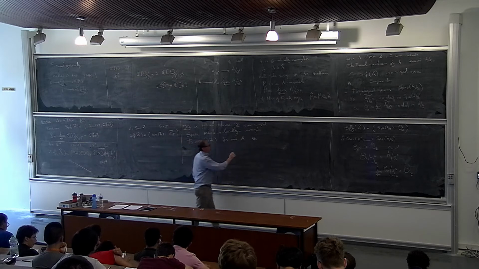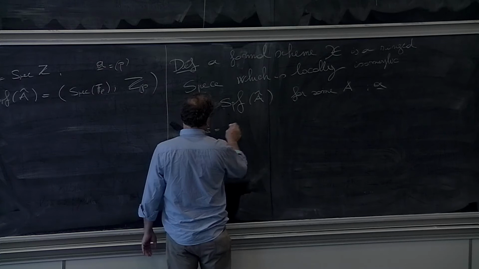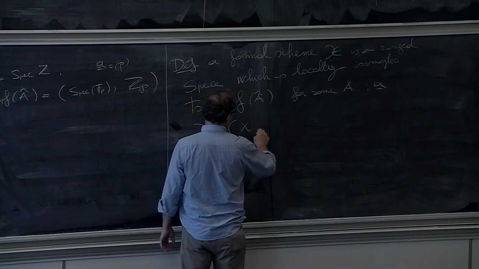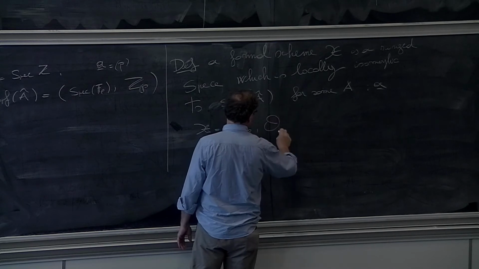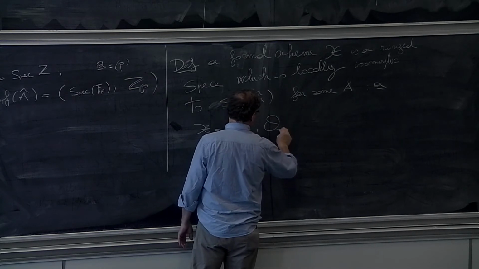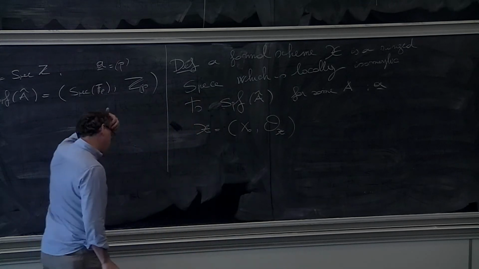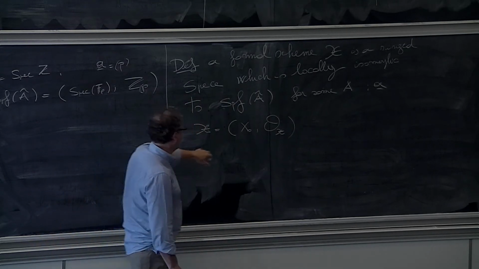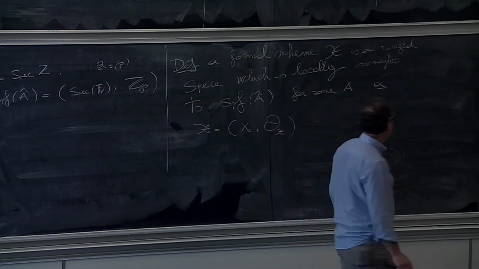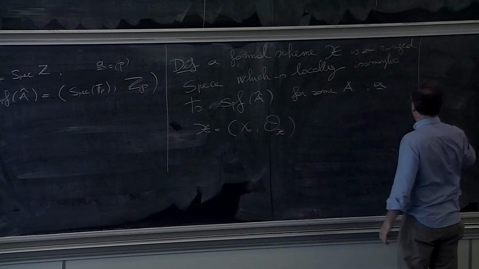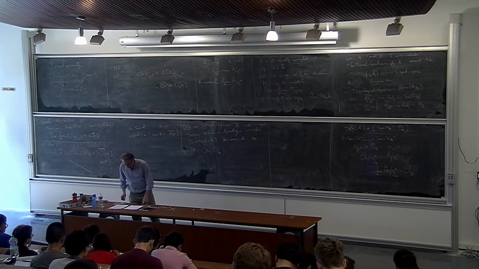So in particular, I will say that X is a couple X0 and OX. You see it as a ringed space. So it's a topological space and a sheaf of rings.